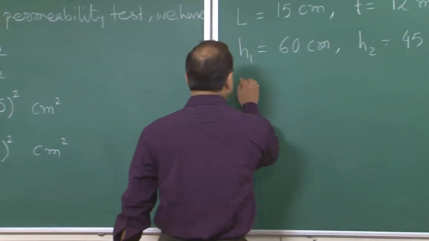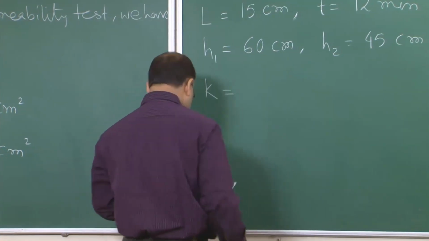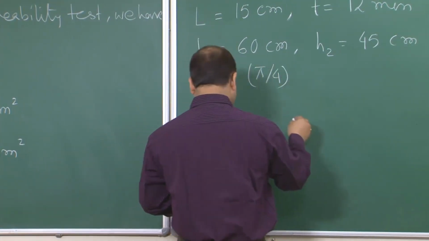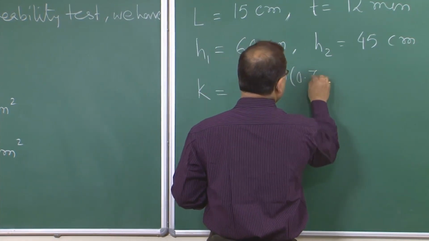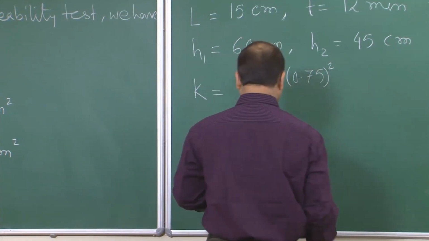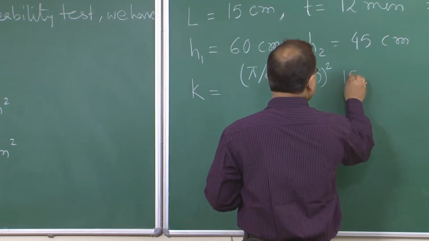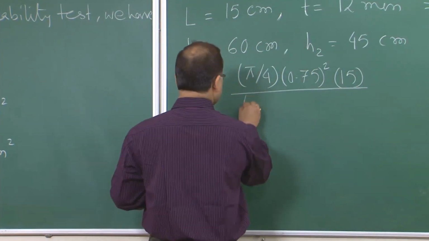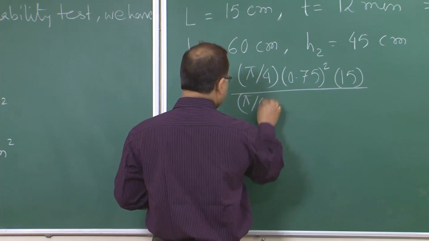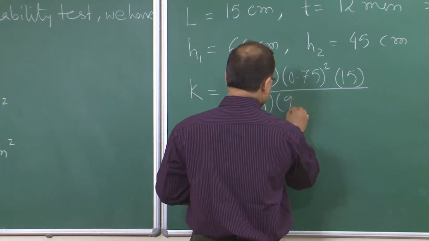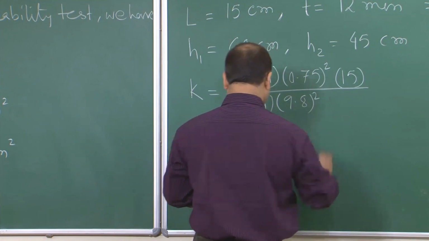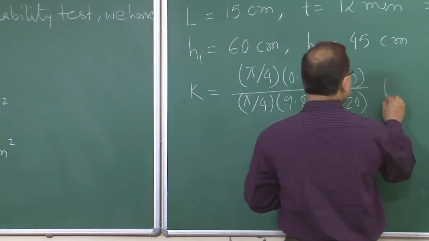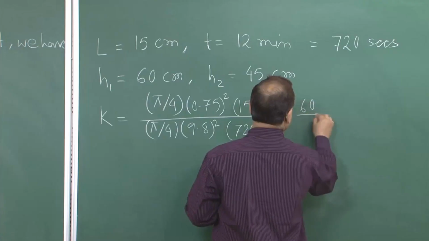Now we will calculate K as pi by 4 into 0.75 whole square, that gives us small a, into 15, that is L, divided by capital A, pi by 4 into 9.8 square, into 720, ln 60 by 45.